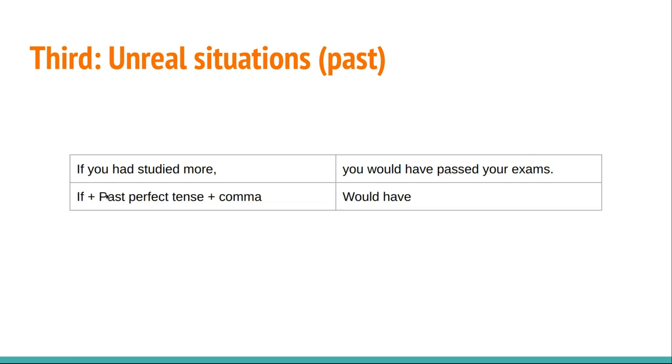So if plus past perfect tense plus a comma, and then we have a perfect modal. Perfect modals are used to refer to past situations, and they are formed with the modal plus have, and then, of course, the participle, which is the -ed participle or past participle.